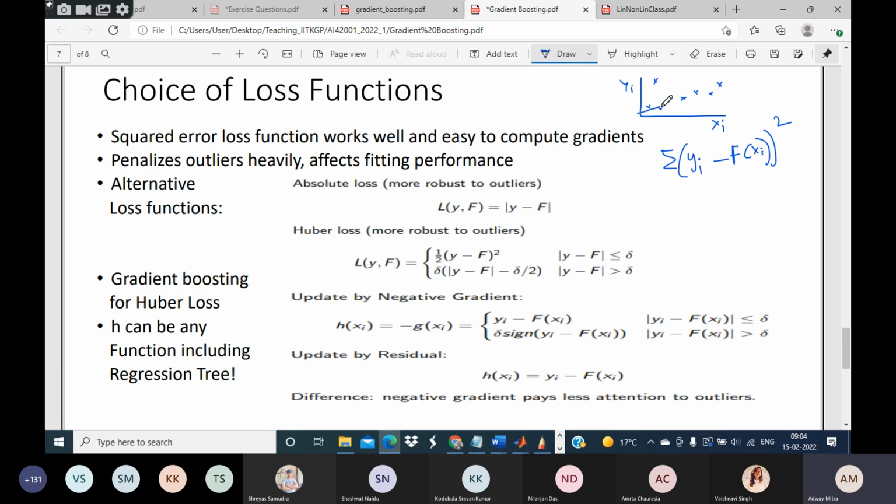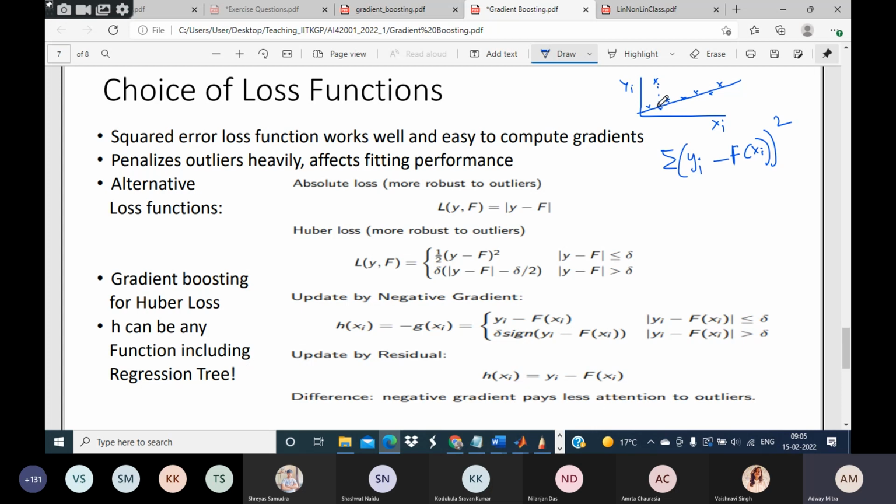Whatever model you have fitted, obviously this model will incur a huge loss specifically for this point. Not only that, because the difference is getting squared, this difference is actually getting amplified. Whatever this difference was, it was anyway very high, and now we have squared it, so it becomes even higher.